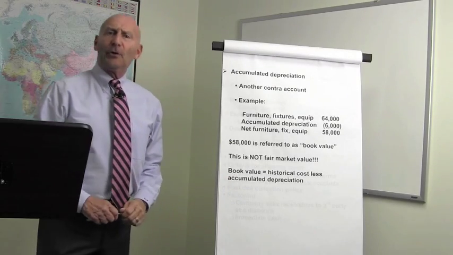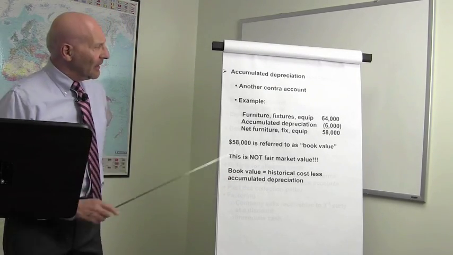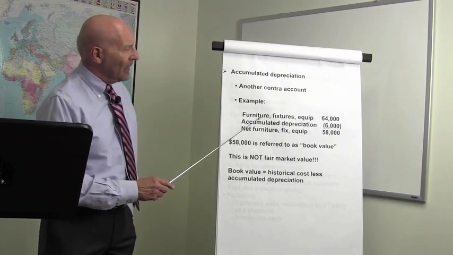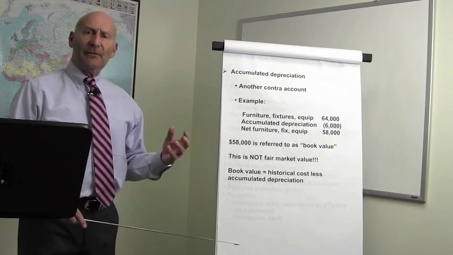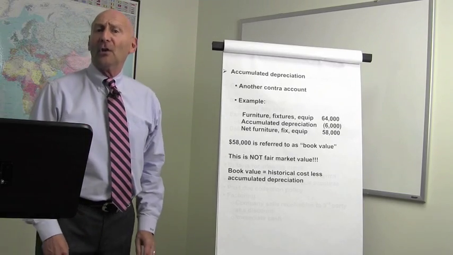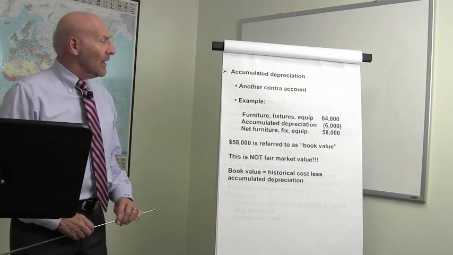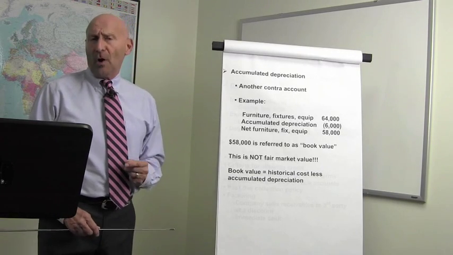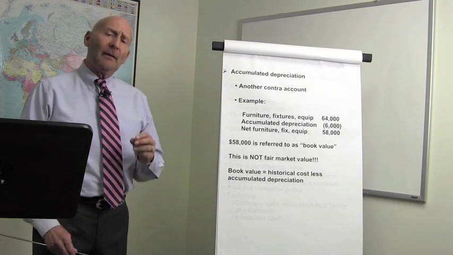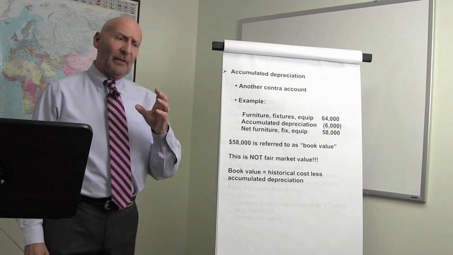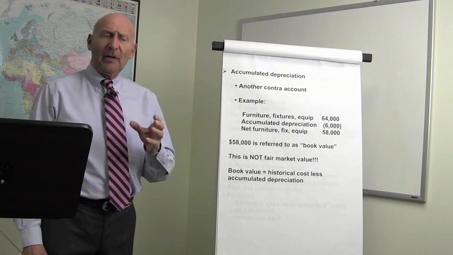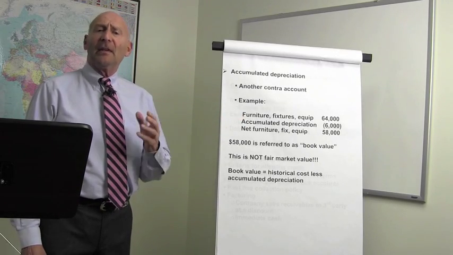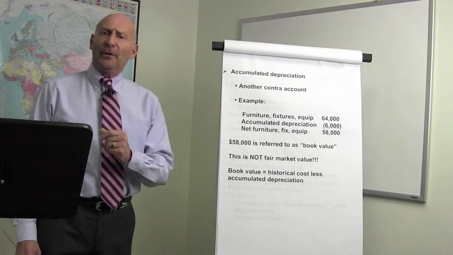This is the accumulated depreciation account. It is another contra account because it is being subtracted from the total amount of furniture, fixtures, equipment, or what is called long-lived assets. Now, what accumulated depreciation is, as you probably well know, depreciation expense is the expense of a purchased asset that is written off over a period of time.